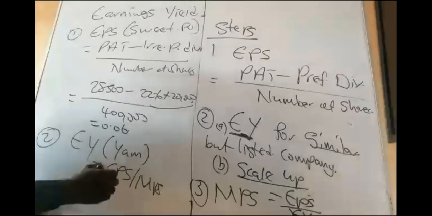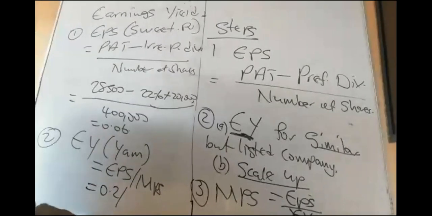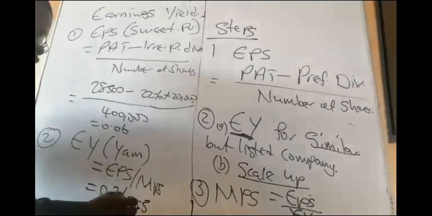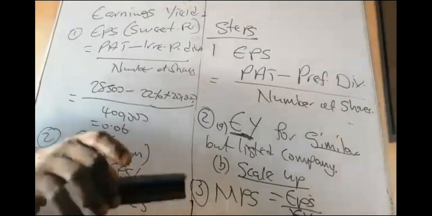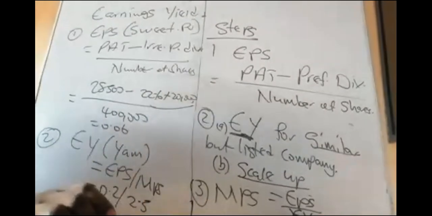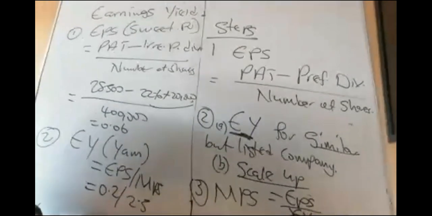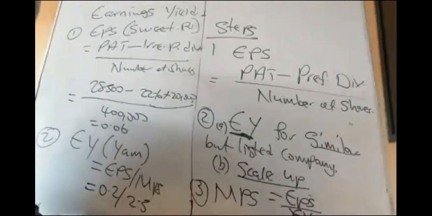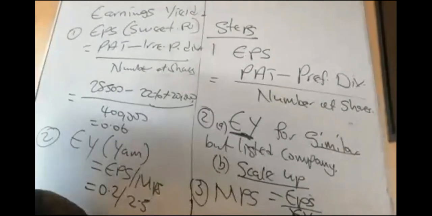So 0.2 divided by the market price of the shares, which is what? 2.5. How do you get the 2.5? We calculated the market price per share by dividing the 2 million by the 800,000. That will give us the market price per share. So the final answer of this is the earnings yield.